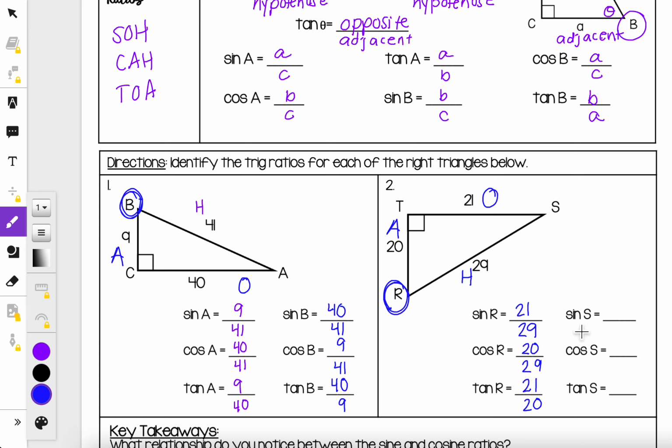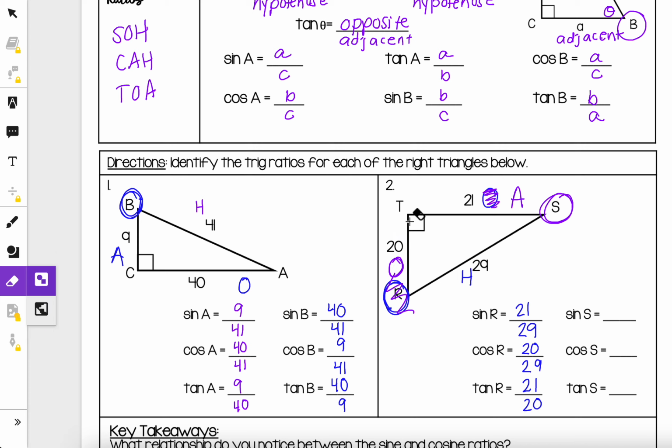Okay? Now, once I switch that reference angle, my hypotenuse stays the same, right? But now this side here, side ST, that's 21, is going to be my adjacent. And over here, that's my opposite. Okay, so I'm going to erase those again.